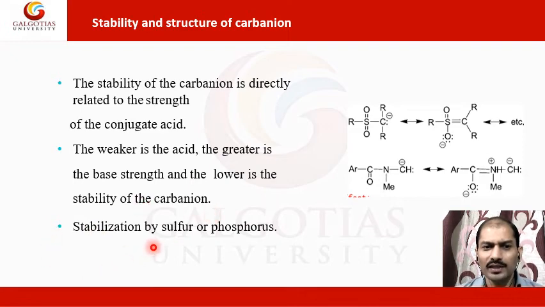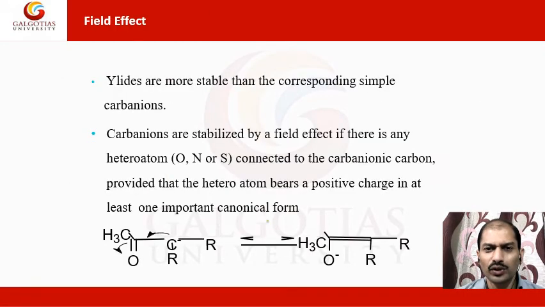So stabilization by sulfur or phosphorus, other metals can stabilize that carbanion, but that depends upon whether it is present in the reaction. Then only can it stabilize the particular molecule, or the carbanion in a molecule. If you see the field effect, ylides are more stable than the corresponding simple carbanions.